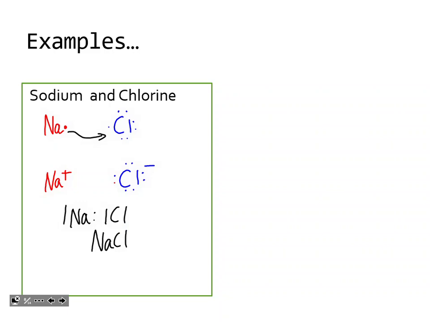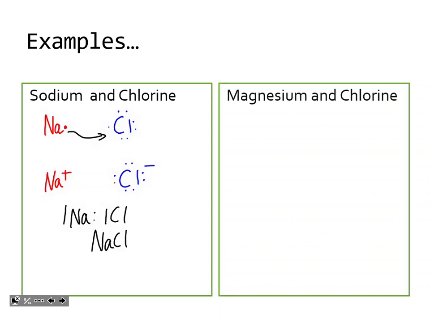However, this is very simplistic, probably the most simplistic form of an ionic compound, because we know that not all of them are going to end up being a 1-to-1 ratio. For example, if we are trying to bond magnesium with the chlorine, we have another problem here. Magnesium, being an alkaline earth metal, is going to have 2 valence electrons. Chlorine is still going to have 7.